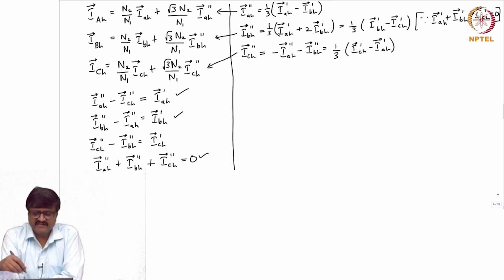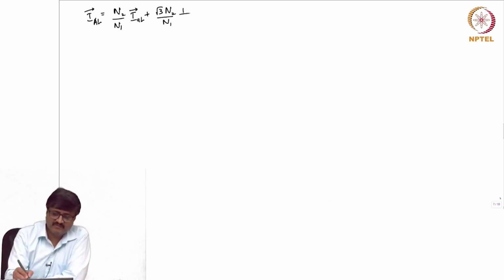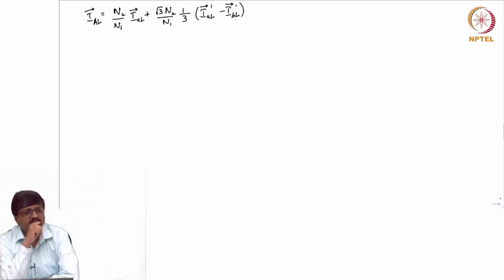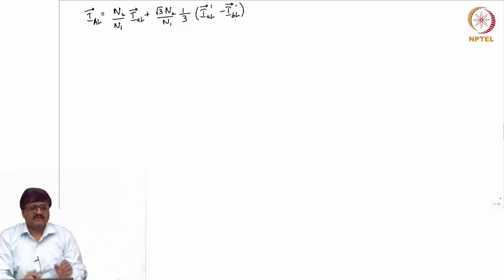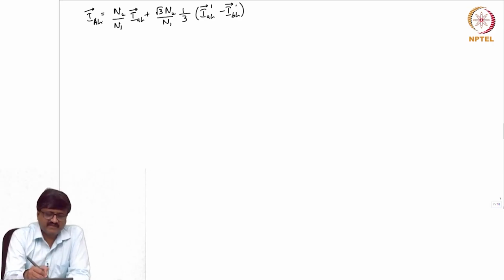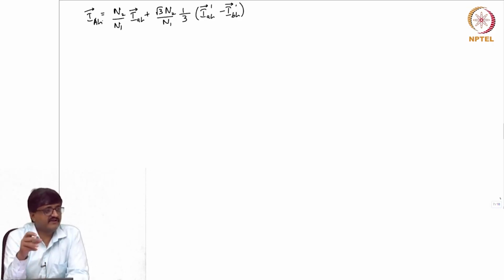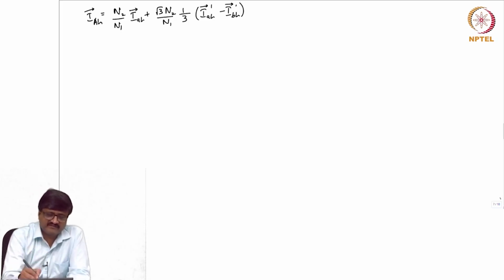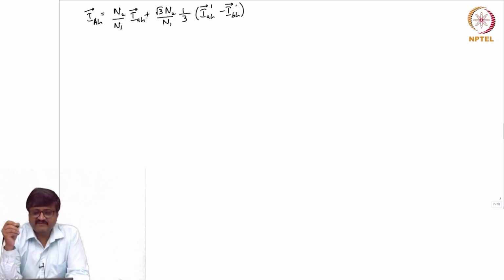Now, instead of IAH double prime, I write 1 by 3 IAH prime minus IBH prime. So now you see that I have the expression for this IAH, which is the current on the AC side of the 12 pulse LCC, in terms of these known currents IAH, IAH prime and IBH prime.